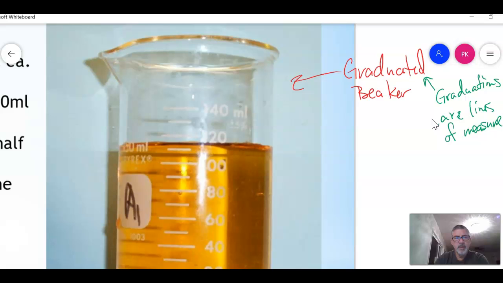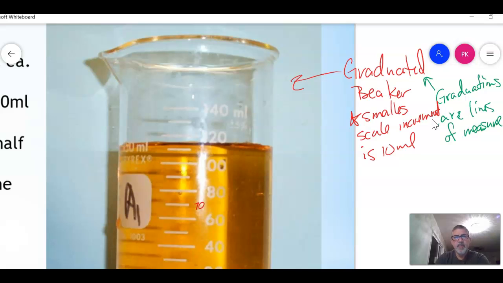So I have my lines of measure. So my smallest scale increment here, I go 40, 50, is 10 milliliters, because each line here represents 10 milliliters. Because this is 60, so this would be 70, then 80, 90, 100.